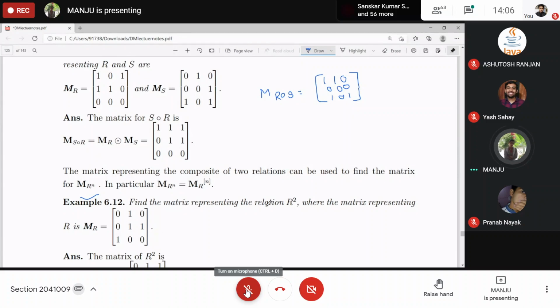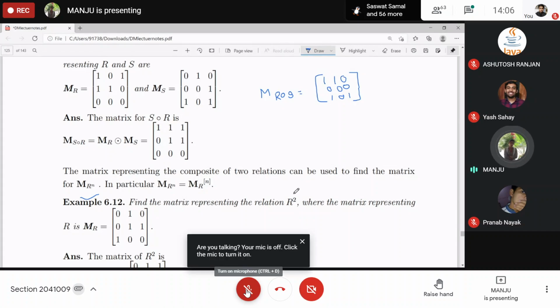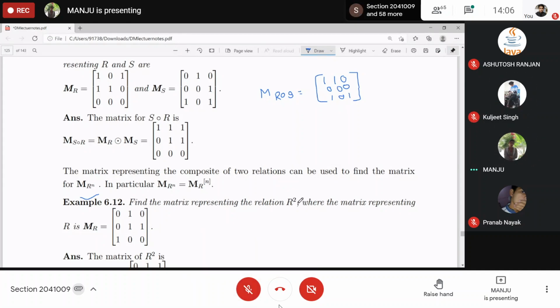You need R square, which is R composition R. So M of R composition R will be MR Boolean product with MR. So just take the Boolean product with the same thing.